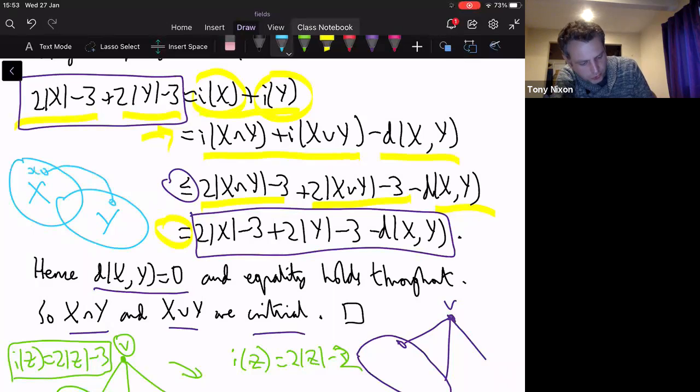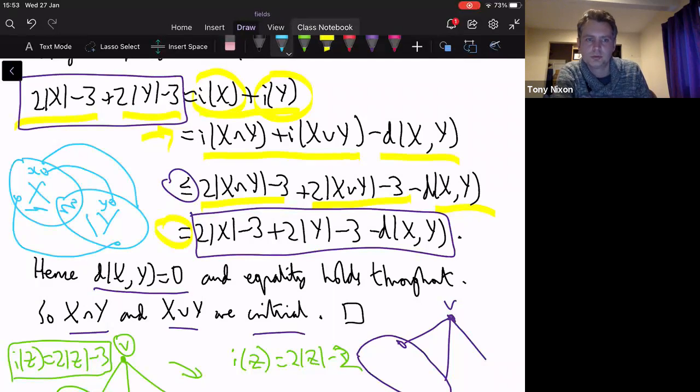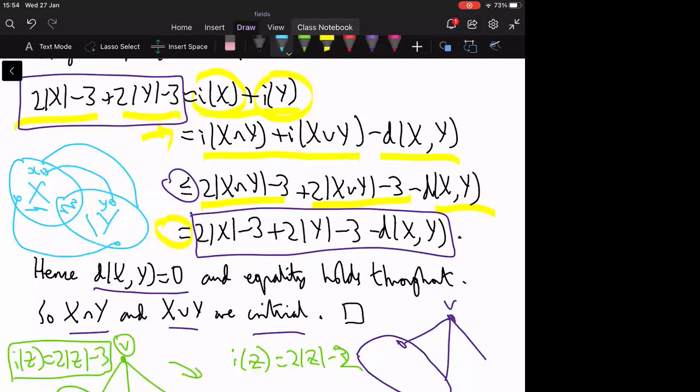So it's edges with one end vertex in X not Y and the other end vertex in Y not X. So it's edges that go around like this. It's not edges in here or edges in here. It's only ones with an end vertex on one side and another end vertex on the other side.